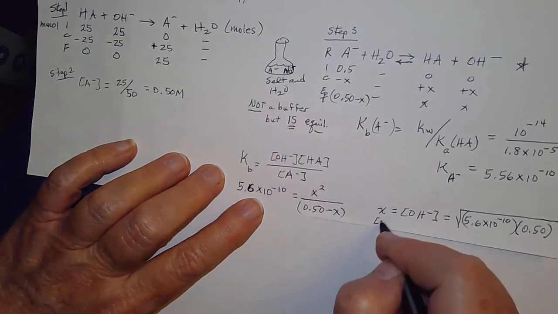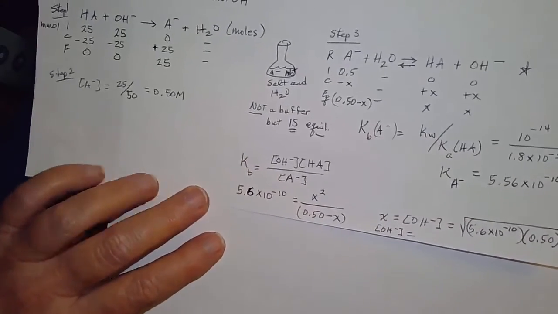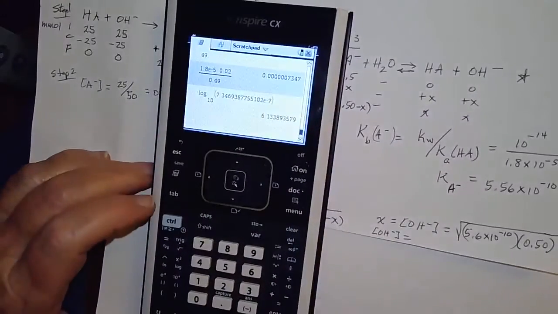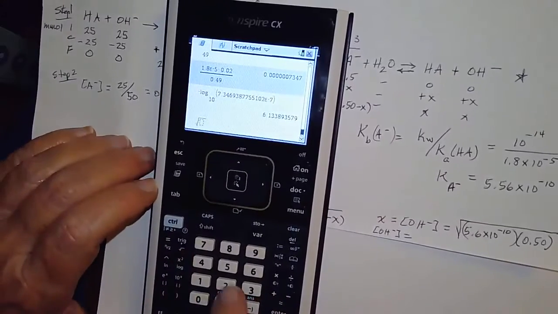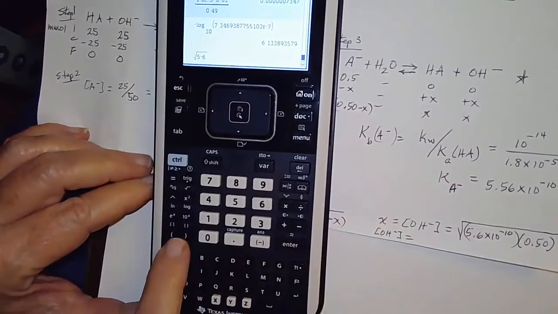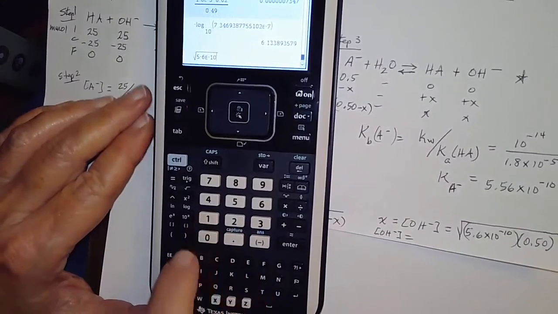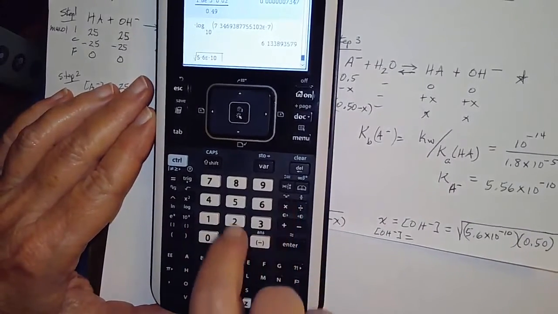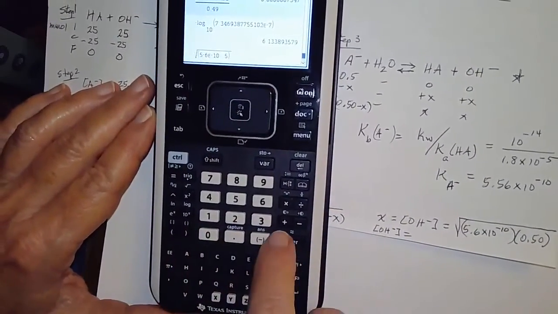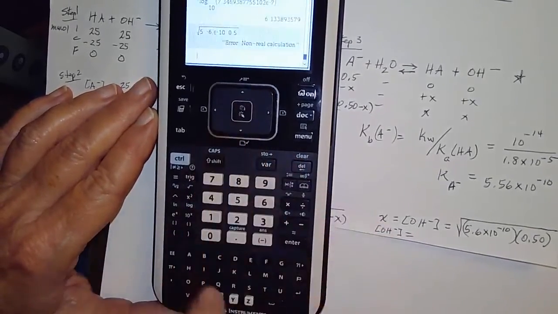And so hydroxide equals the square root of 5.6 times 10, here's our little EE button, times 10 to the negative 10. And then we're going to multiply that by half. Close my parentheses.